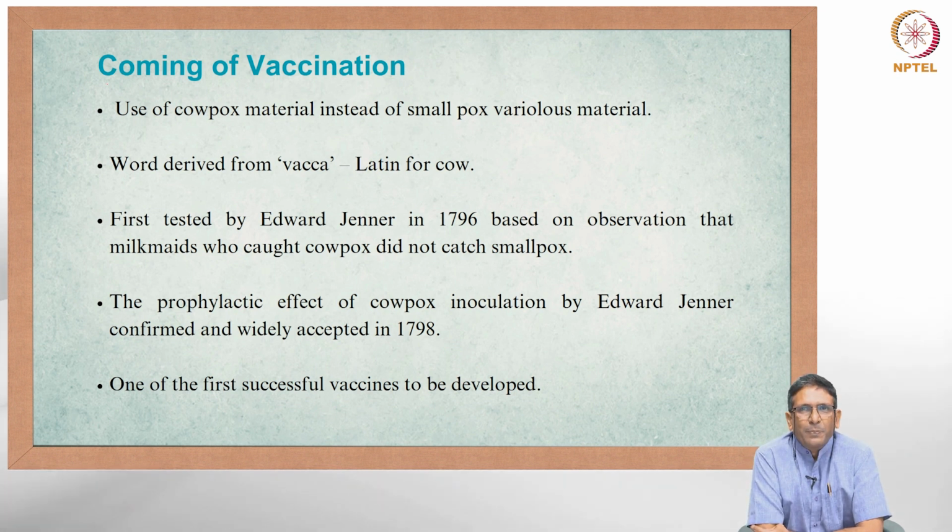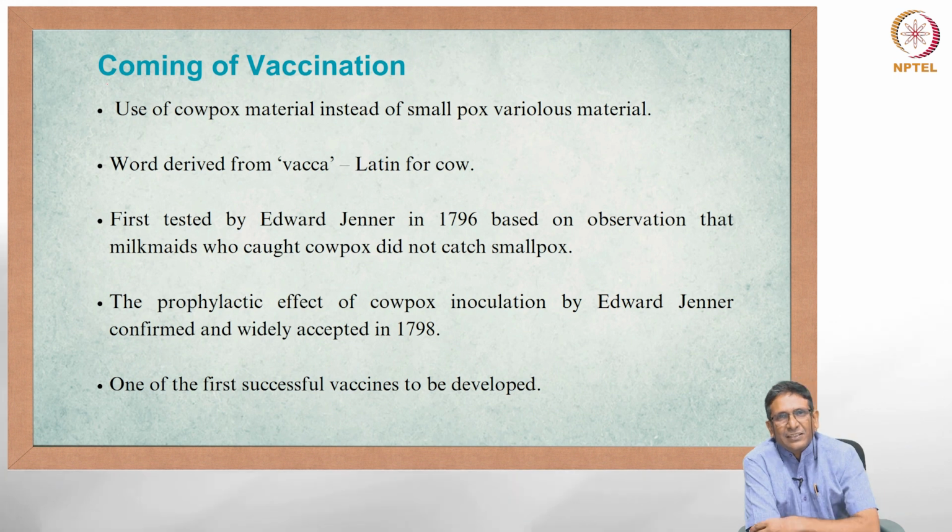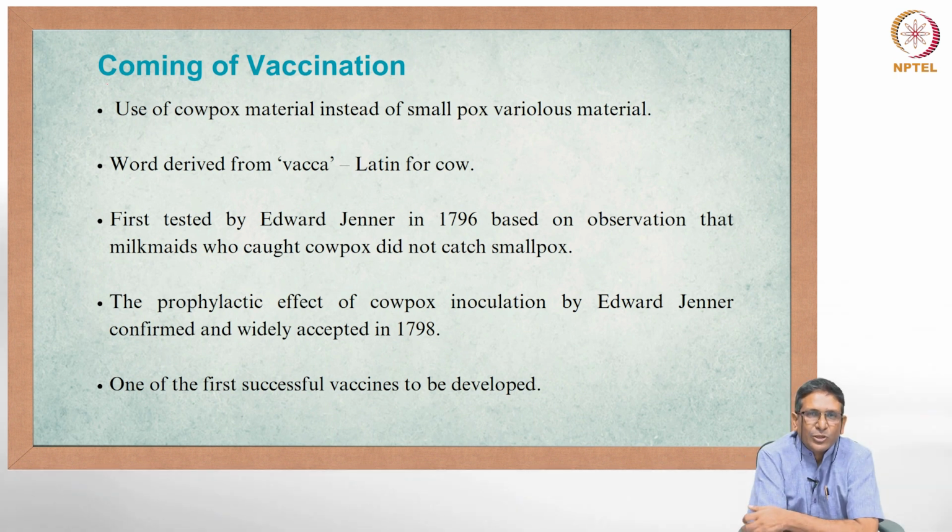But then a big breakthrough came in the fight against this deadly disease with vaccination. Whereby instead of using actual smallpox matter, what is used here is matter from cowpox, the variant of the disease caught in cows.